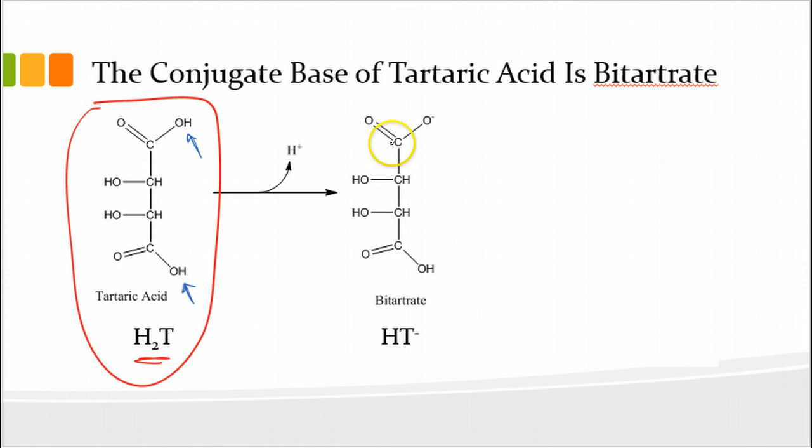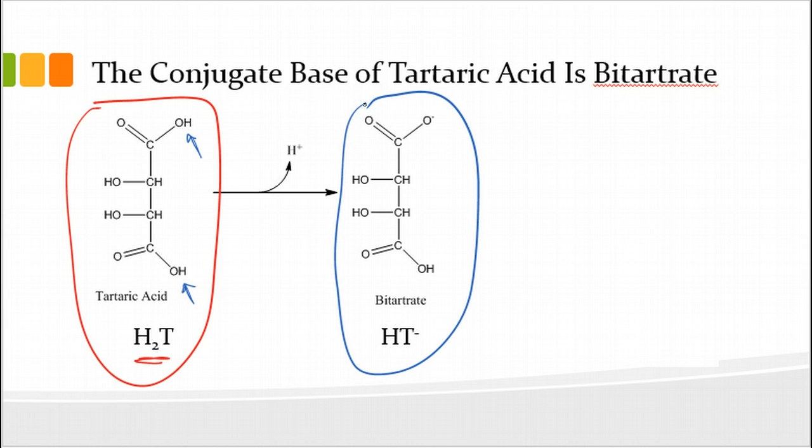Over on the right is bitartrate, which results after tartaric has lost one proton. So that proton came off. This oxygen stays behind with a negative charge, and that species, bitartrate, we often call HT minus: one acidic proton still attached and a negative charge overall. That is the conjugate base of tartaric acid.